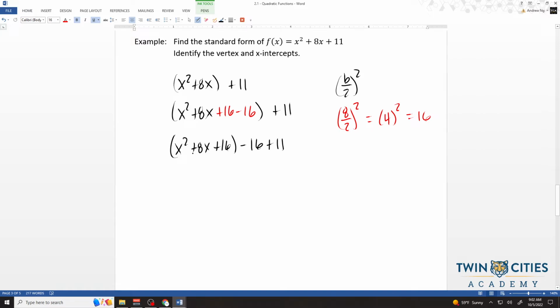This allows me to factor this perfect square trinomial to x plus 4, and then square this whole thing, and then minus 5. So the graph will have a vertex at -4, -5, since h equals -4 and k equals -5.